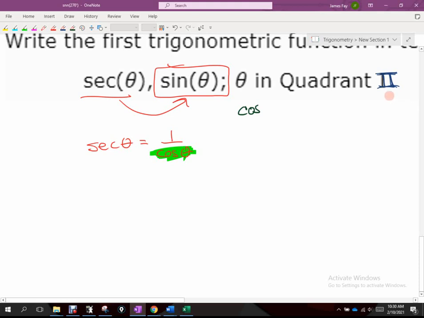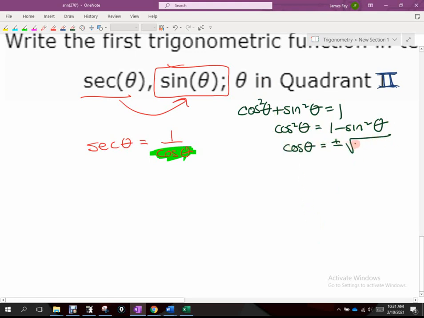Does that make sense? So I got cosine squared theta plus sine squared theta equals 1. Can you solve that for cosine? So cosine squared theta equals 1 minus sine squared theta, square root. Can I get that, right?